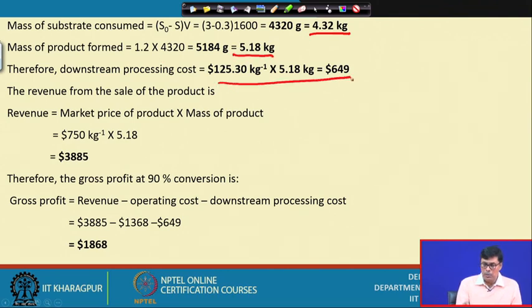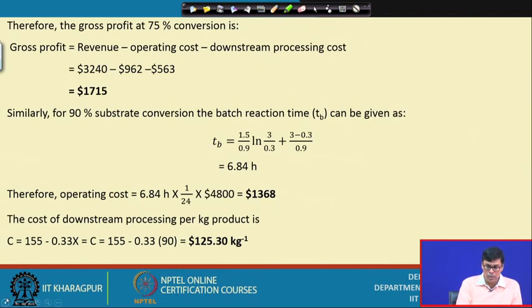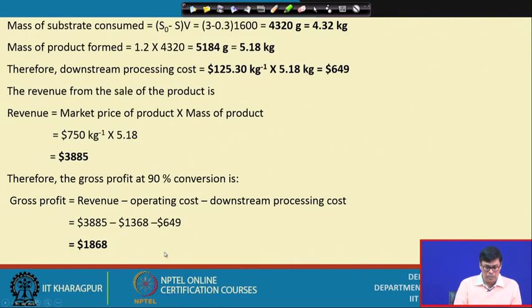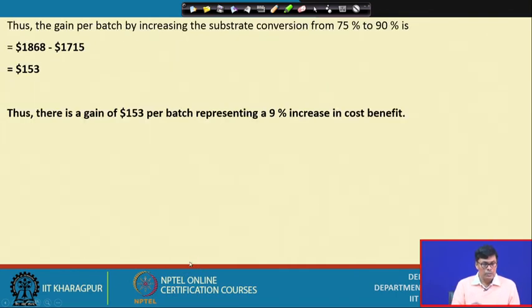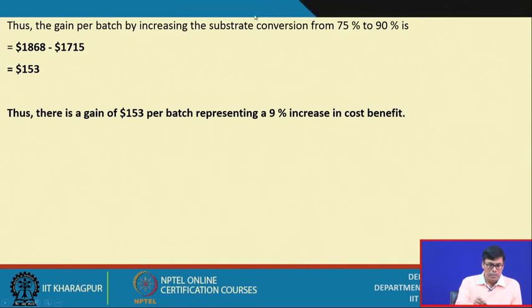Now, the downstream processing cost is this, and the product value is this. So, how much revenue are we getting? 1,868. Now, if you look at before, how much did we get? 1,715. Now, what are we getting? 1,868.